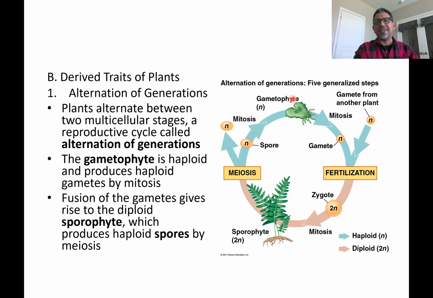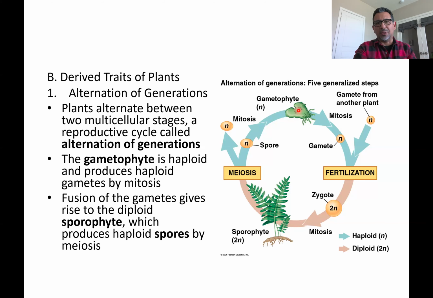But in the case of the gametophyte plant, it needs to make sex cells, but the gametophyte itself is already haploid. You cannot have half of only one set of chromosomes in the sex cells that are going to be made. And so the type of division that preserves the number of chromosomes, comparing the parental cell to the daughter cells, that type of division is mitosis.